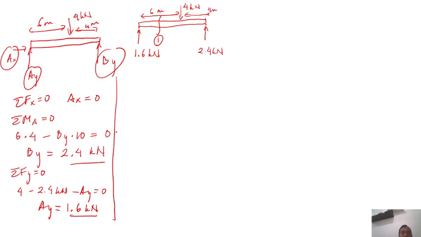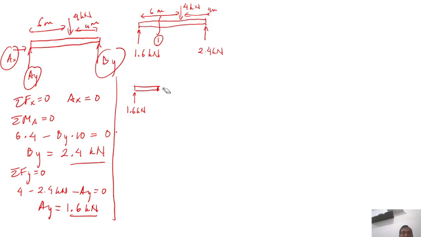Okay, using the first cut, we can draw the free body diagram. And the things there will be 1.6 kilonewton there, and there will be internal force and internal moment at this side.